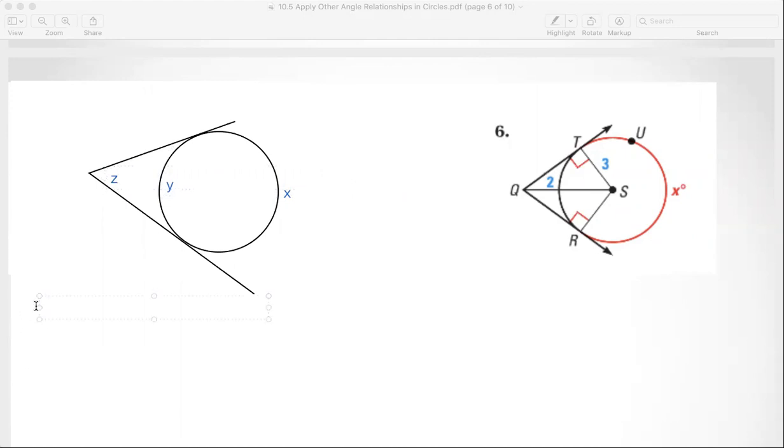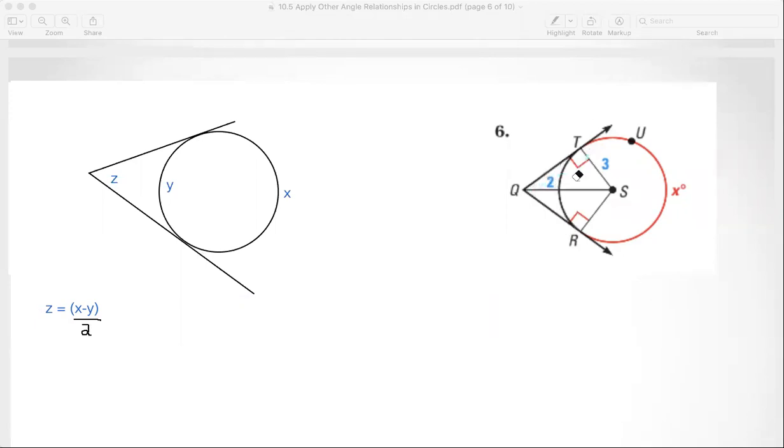Because really what I'm going to say is angle Z is equal to big arc X minus little arc Y, all divided by 2. Okay? So if I could find Y and Z, I'm good to go.